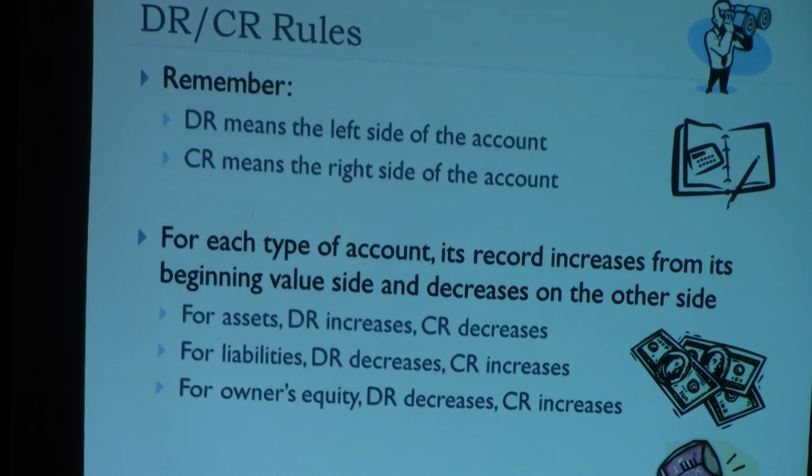For each type of account, its record increases from its beginning value side and decreases on the other side. So you saw that assets, you have an increase in debit and a decrease in credit. And you always start off assets on the debit side. And liabilities and equities are of course the opposite.